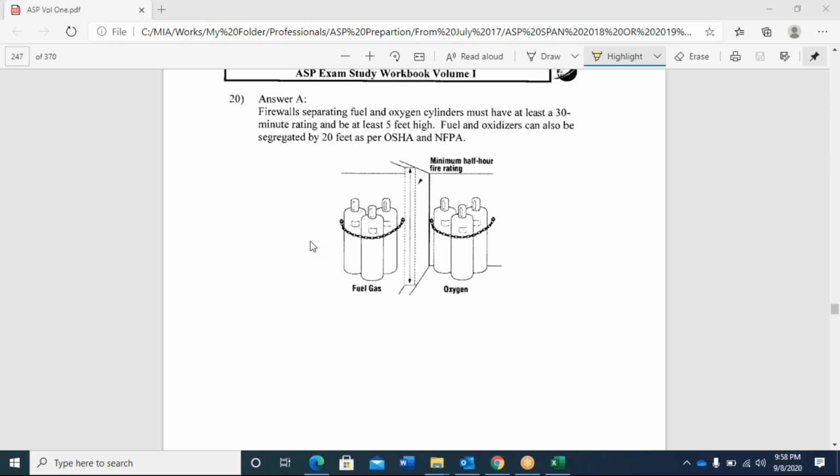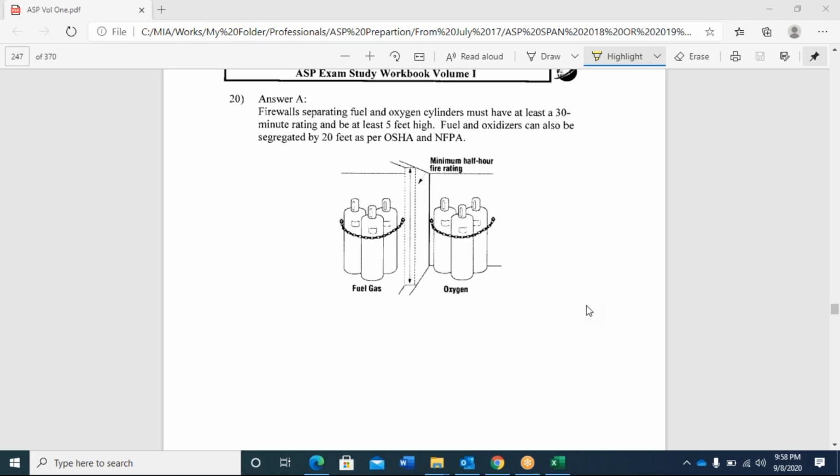Okay, fire rated, and it should be 5 feet in height. And if you have oxidizer material, it should be stored at least 20 feet from flammable gases or flammable liquids, as per NFPA.